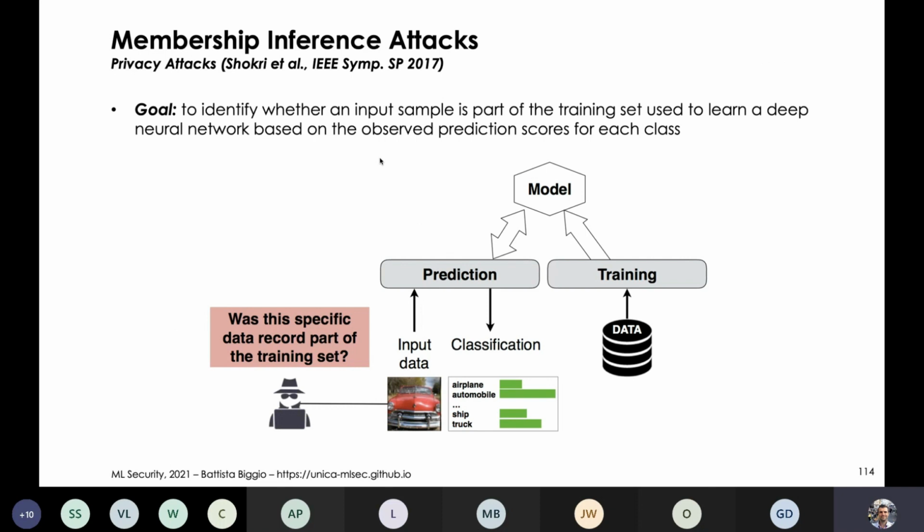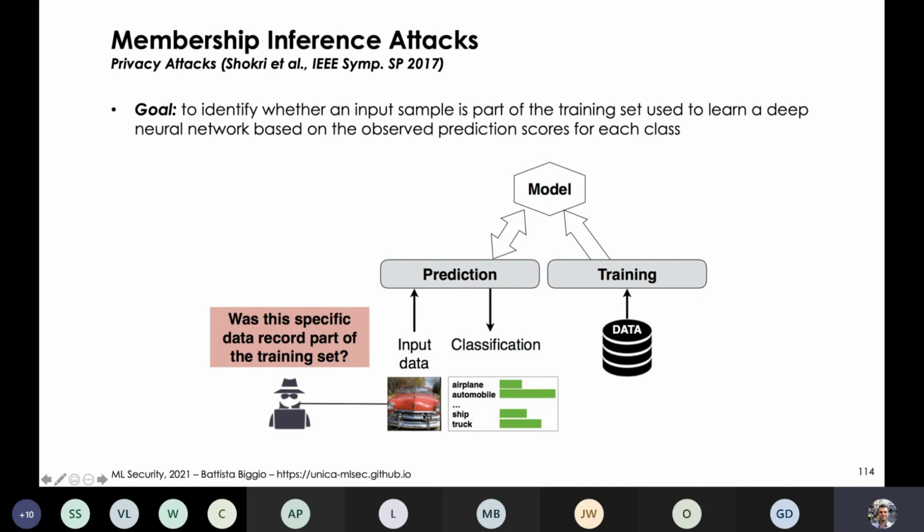And there is also another attack that is still compromising the privacy or confidentiality of the model, which is called membership inference attack. This one has the following setup. So you have, again, the model served as an online system, and the attacker can query the model and observe the classification outputs, as you see here.